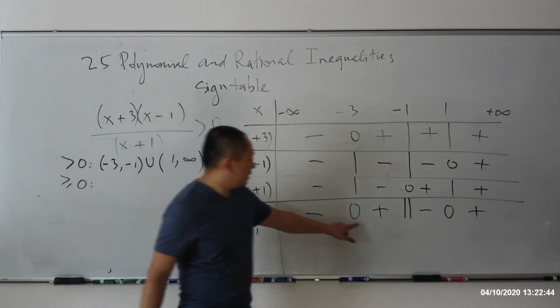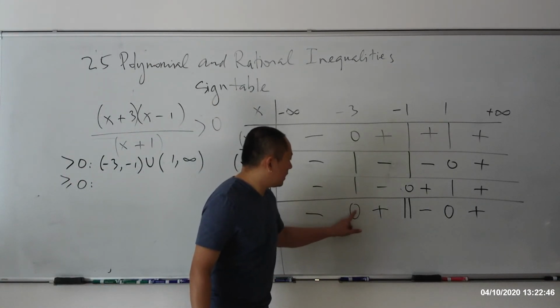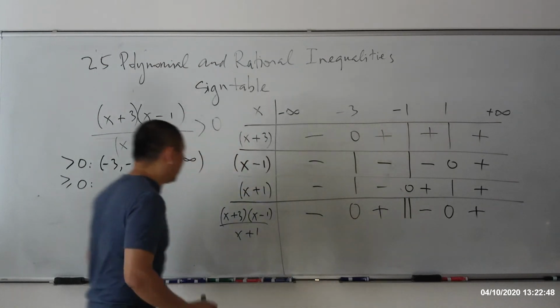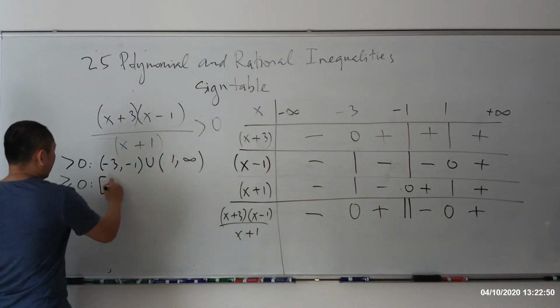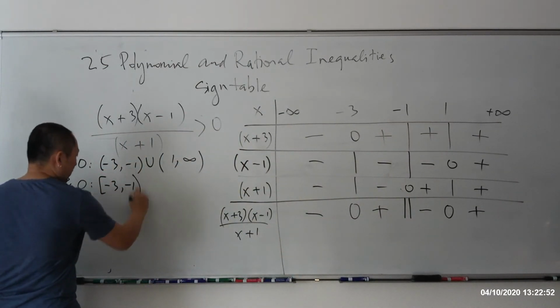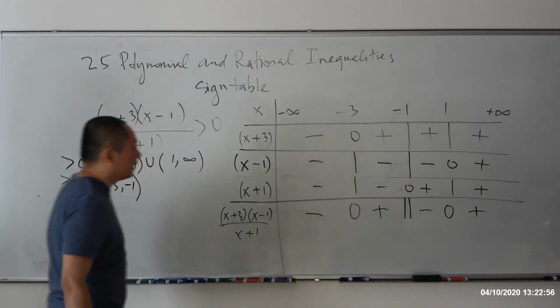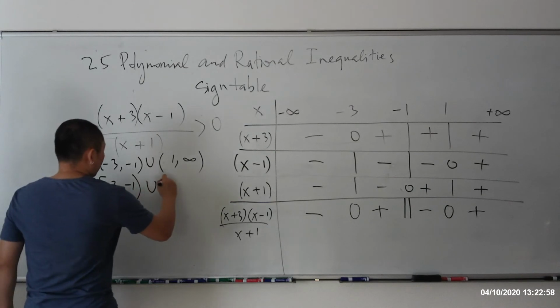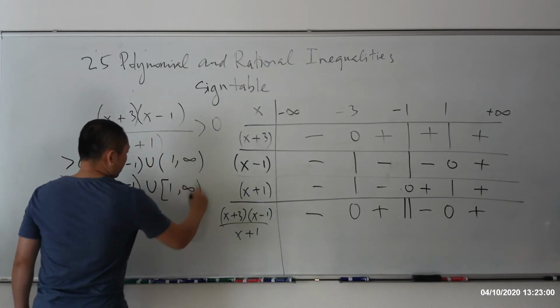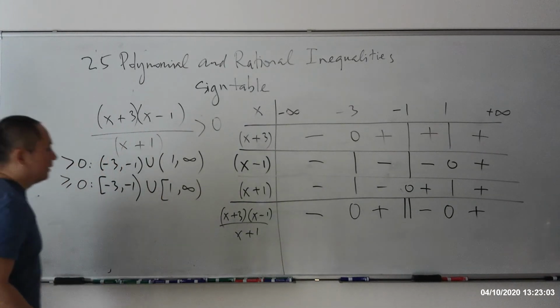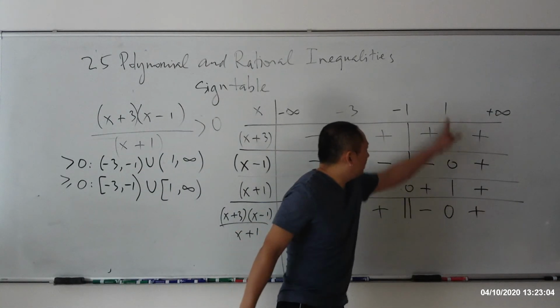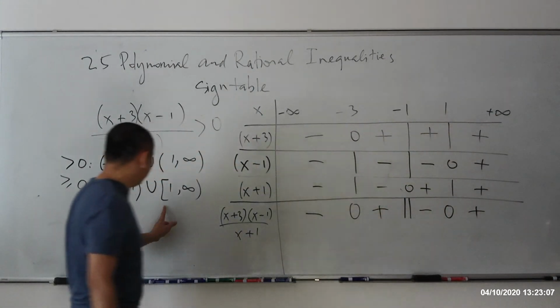So 0 on the left is okay, but not 0 on the right, so we have a bracket here, -3, comma, -1, and parenthesis, because -1 you don't have 0 now. And then union, bracket 1 to infinity. Positive for bigger than 1, and for x equal to 1 is 0, so 1 to infinity.